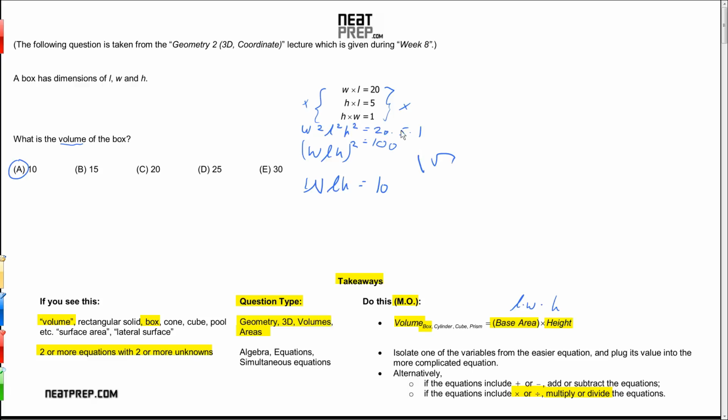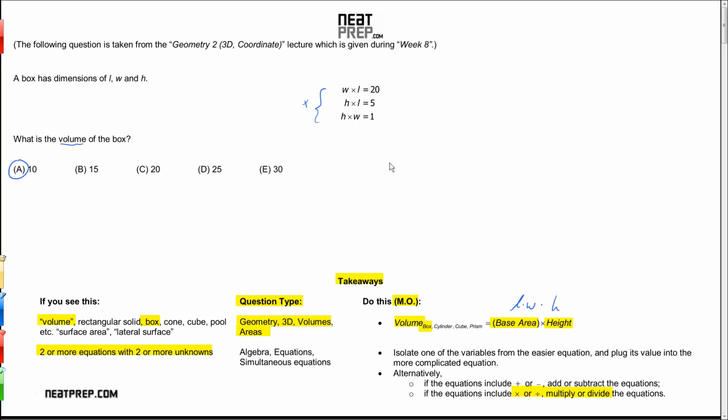Now, since this appeared to take a long time because we talked about it, I would like to show you what happens in real time. So again, they're asking us for the volume. The volume is WLH, and let's say I know my stuff really well. I know that if I have three equations with three variables, then I need to either multiply, divide, add, or subtract the equations.